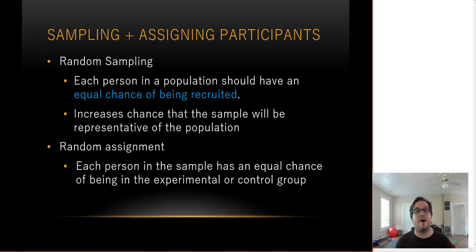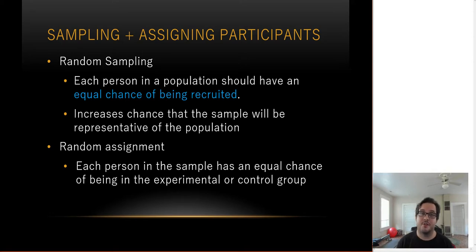So if my population is humans, then I need to be able to randomly sample everyone within the world should have an equal chance of being recruited into my study. What this does is it increases the chance that the sample will be representative of the population.